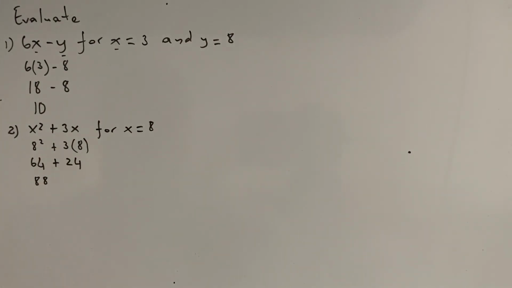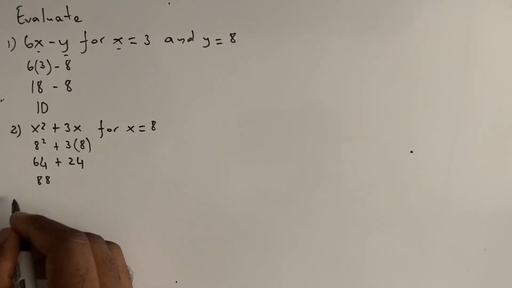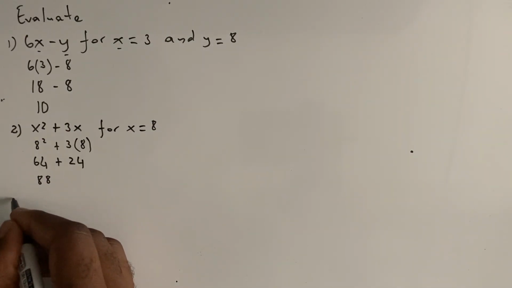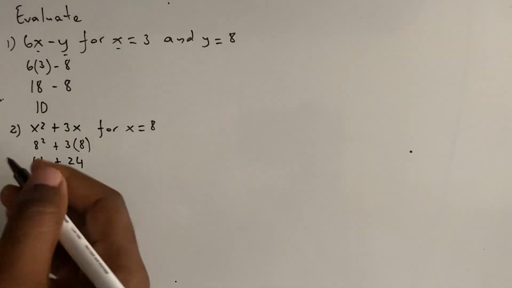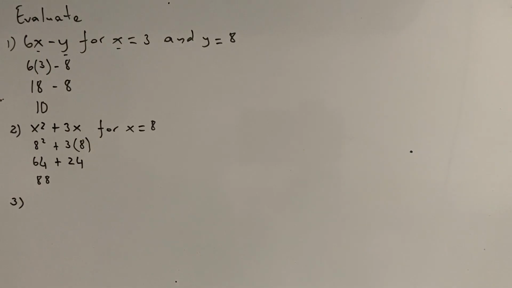Again, this is how you simplify algebraic expressions. So 88, let's keep trying, because when solving problems and equations, you will have to use such techniques to evaluate, given that you have an x value.